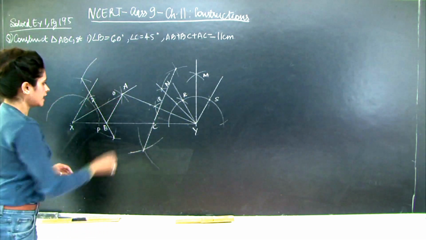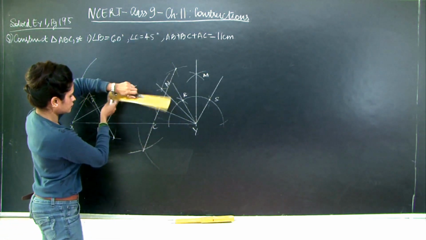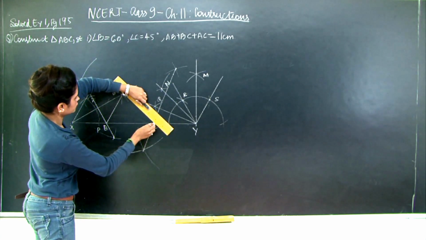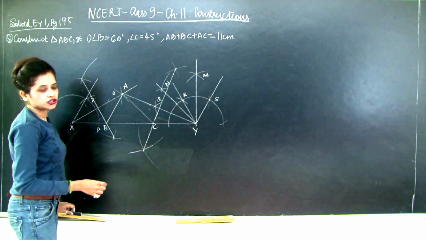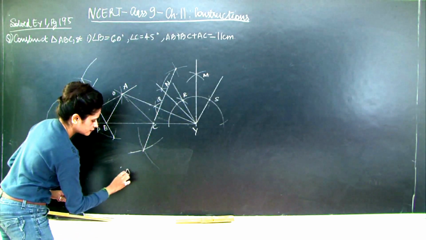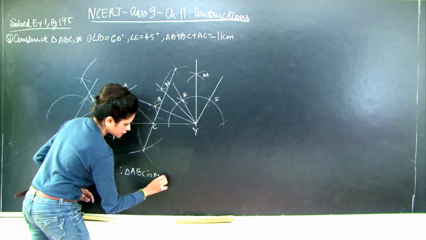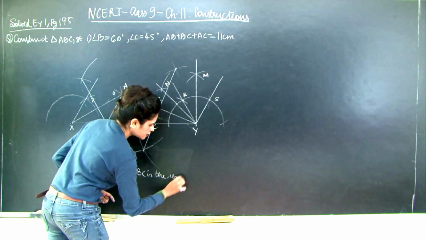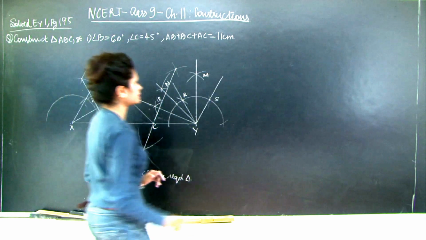And I will join A to C. So ABC is my required triangle. Is the required triangle.